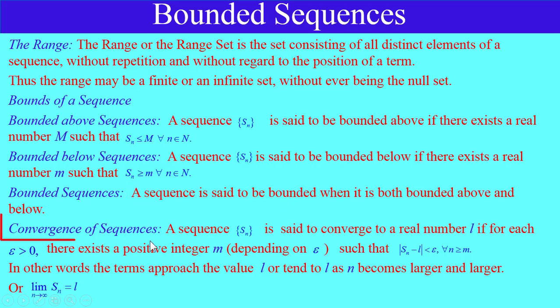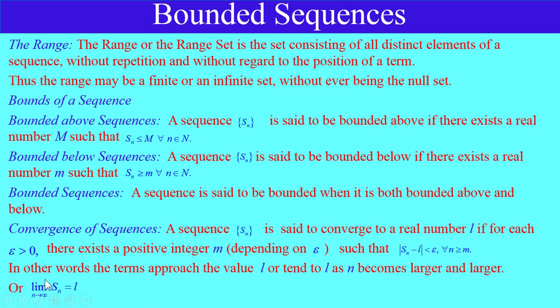Convergence of sequences. A sequence Sn is said to converge to a real number L if for each epsilon positive there exists a positive integer m depending on epsilon such that modulus of Sn minus L is less than epsilon for all n greater than or equal to m.